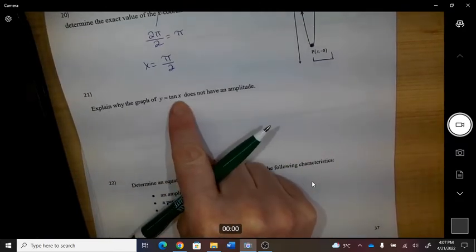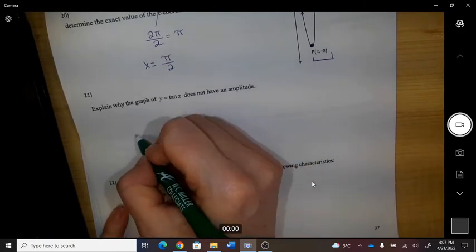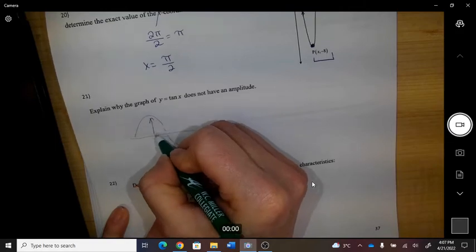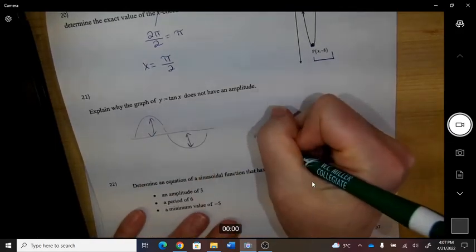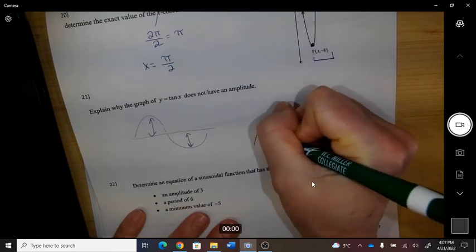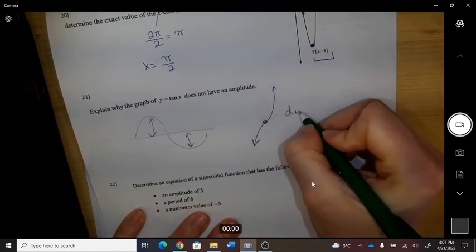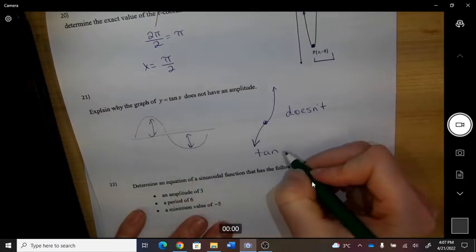Explain why tan does not have an amplitude. An amplitude is when you're consistently spanning up and down from the middle. And remember the pattern with tan.